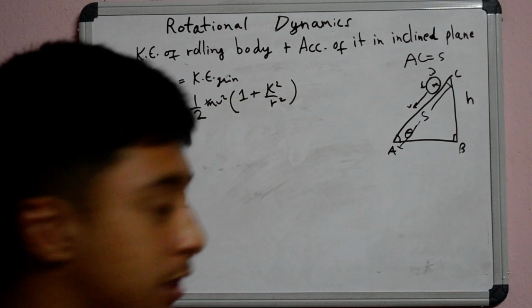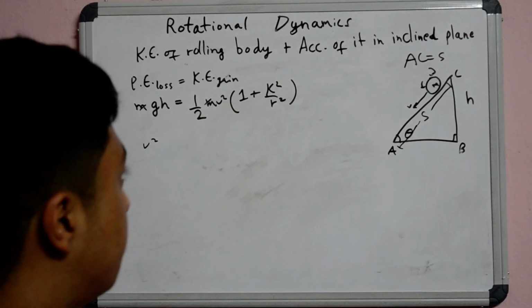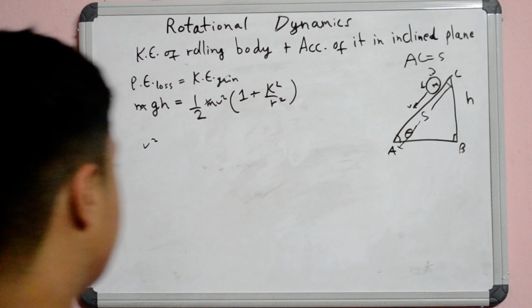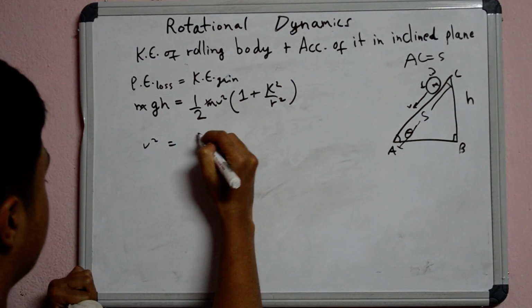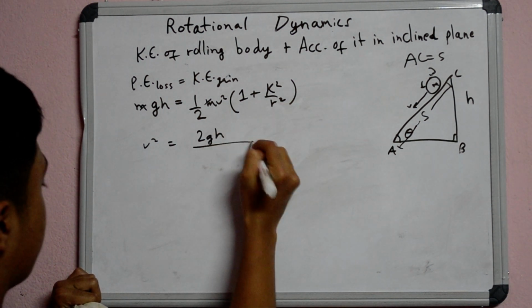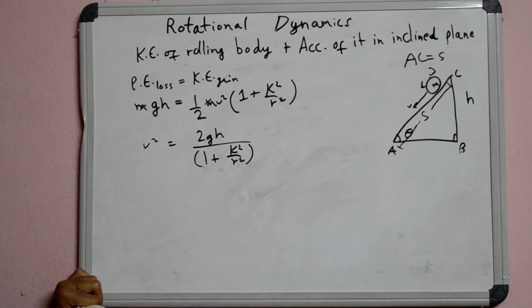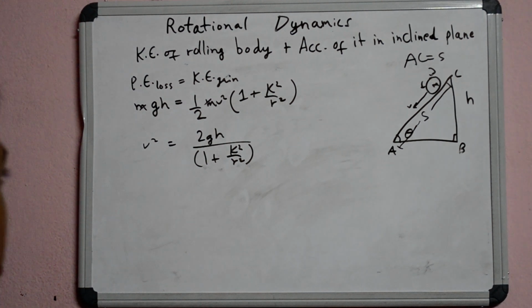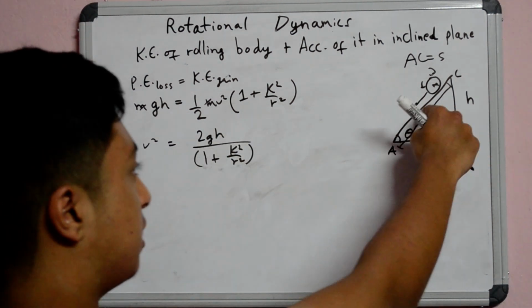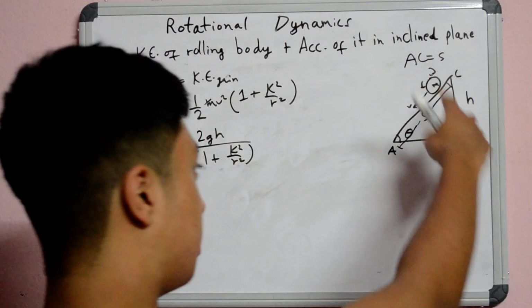Let's write it in terms of v² because it will be easy to get acceleration from velocity. So v² equals 2gh, and this whole thing comes downwards, giving us 1 plus k²/r². Now here we have height, but we want distance s because the rolling body is rolling down AC.